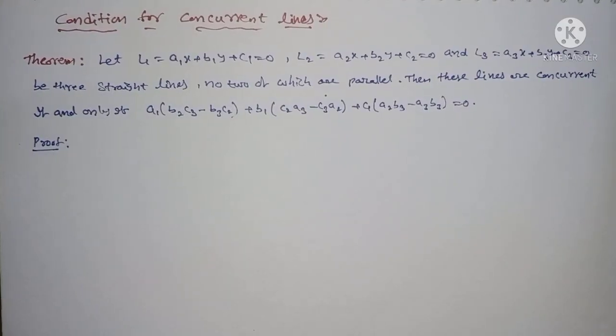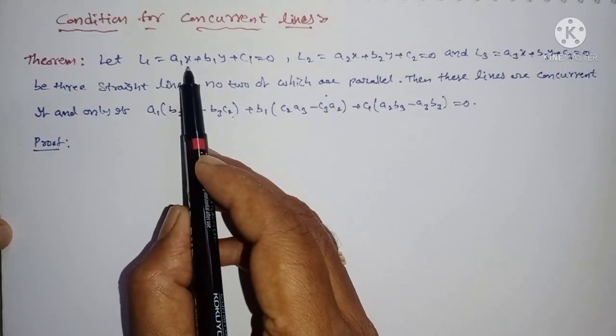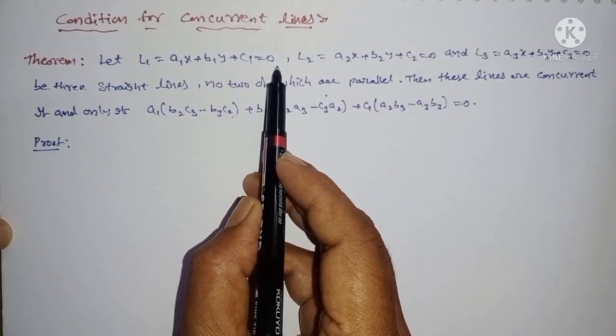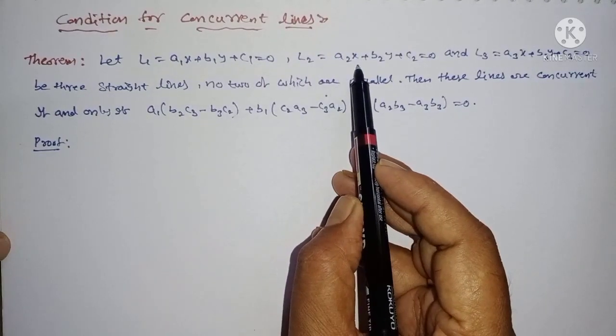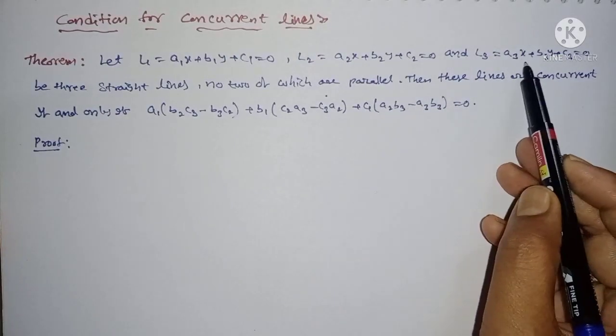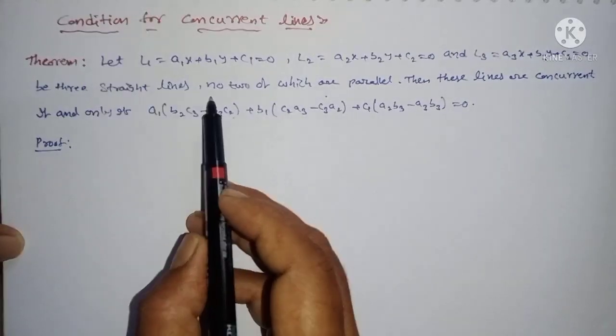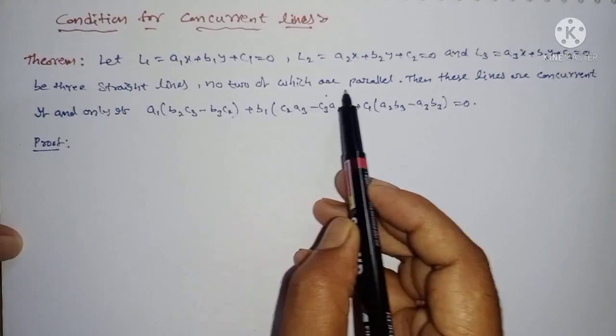Next theorem, condition for concurrent lines. Previously you have discussed only two lines. In this theorem you can discuss about 3 lines. Let L1 a1x plus b1y plus c1 is equal to 0, L2 a2x plus b2y plus c2 is equal to 0, and L3 a3x plus b3y plus c3 is equal to 0 be the 3 straight lines, no 2 of which are parallel.